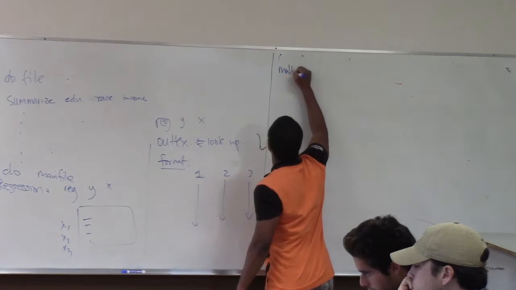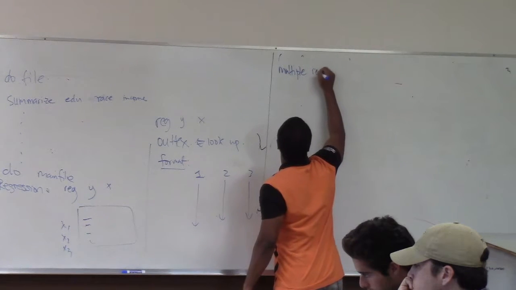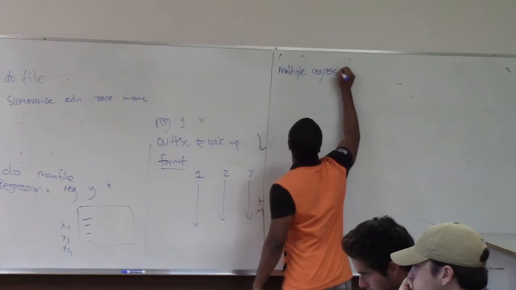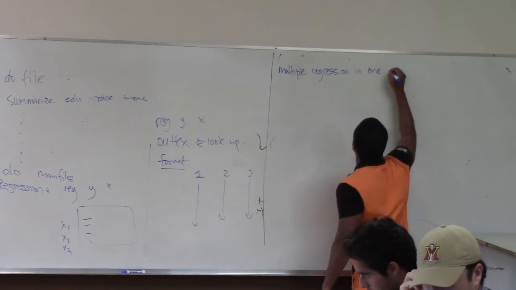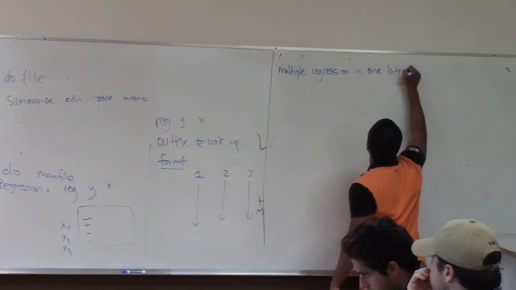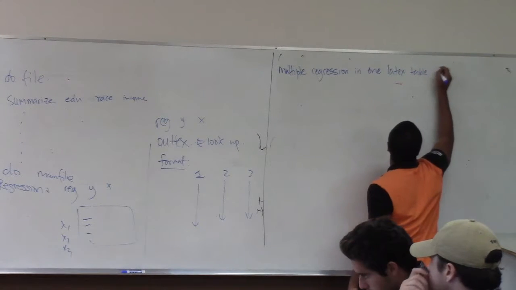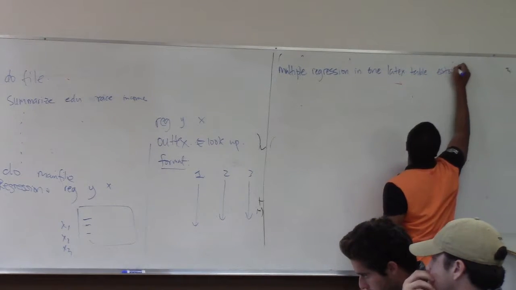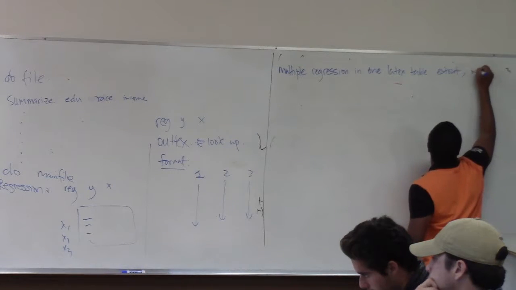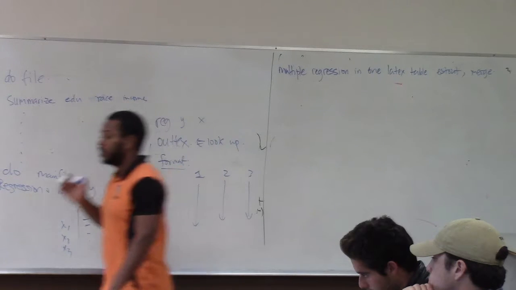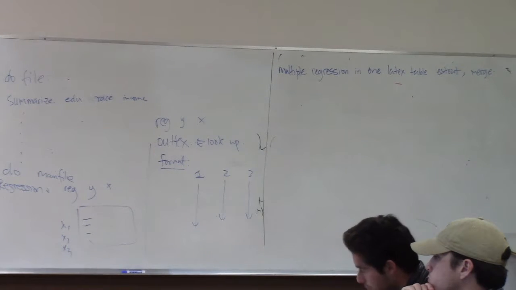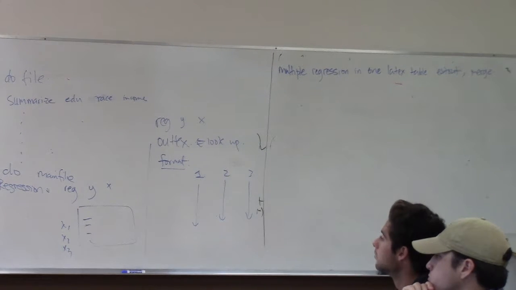For multiple regressions in one LaTeX table, you use this command, outreg, and also merge. And I've included a link in the footnotes. So if you have a PDF of this, the footnotes are your friends. Look at the footnotes and you'll see links to some of these things.